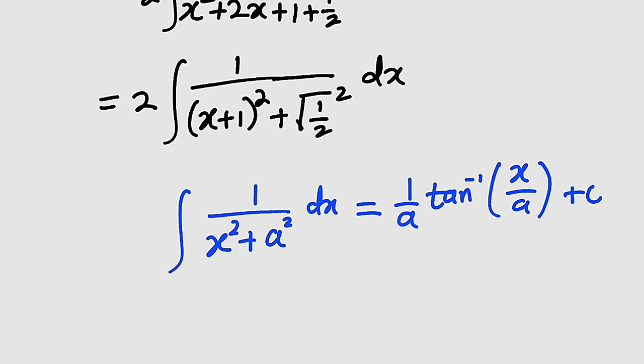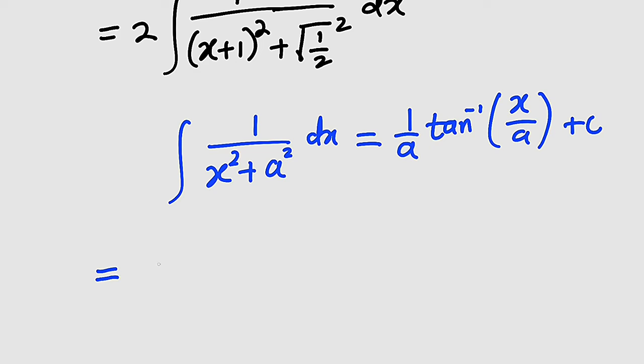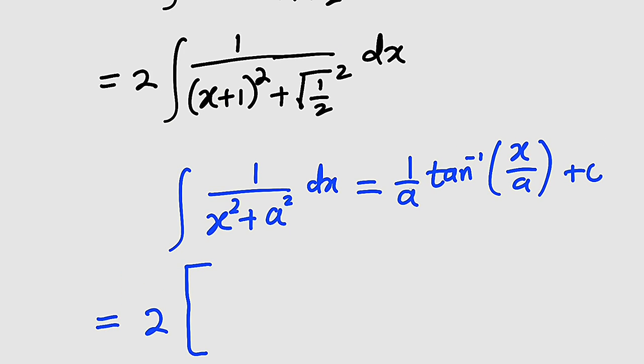So let us apply the same thing in integrating this function. It will be equal to 2, which we have as a constant, multiplied by the whole of this. What is 1 divided by a? It will be 1 divided by, this is our a, because we have a squared.